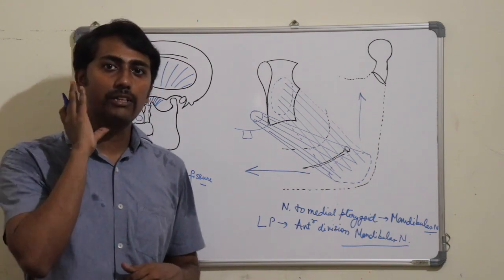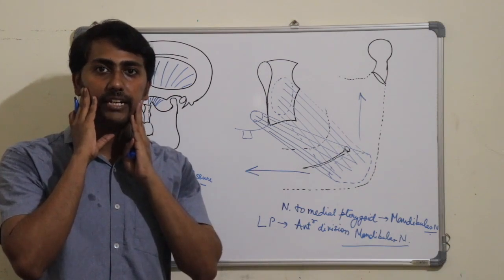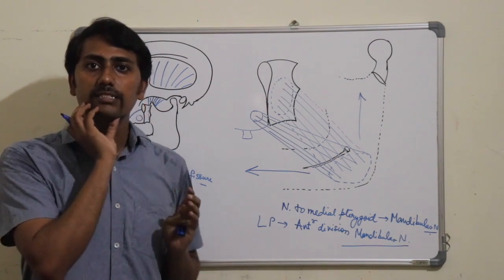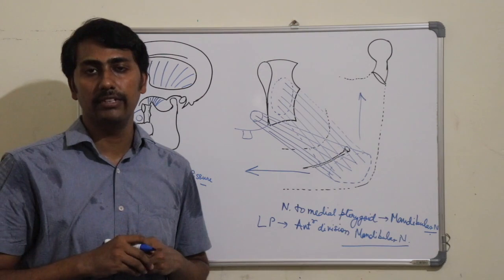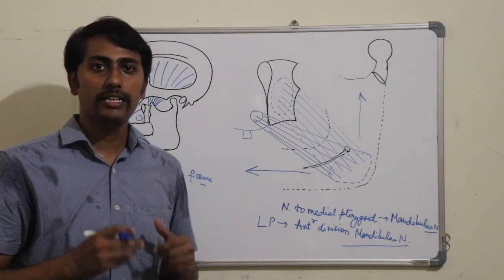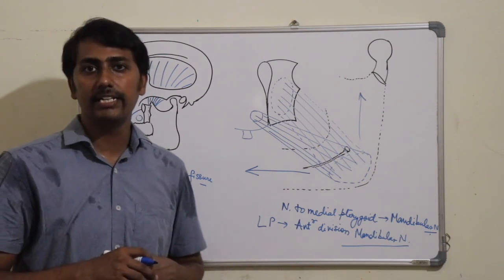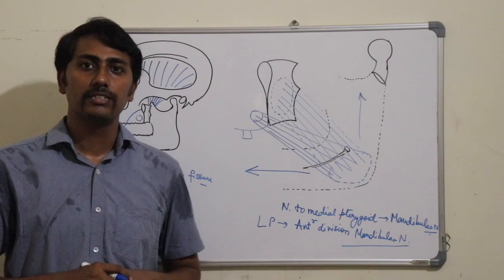The lateral pterygoid muscle of one side and the medial pterygoid muscle of the opposite side, when both of these muscles contract simultaneously, will cause side to side movement, which is known as the grinding movement of the mandible. So this is another movement which is caused by the medial and the lateral pterygoid muscle. So this completes the muscles of mastication. Thank you very much.